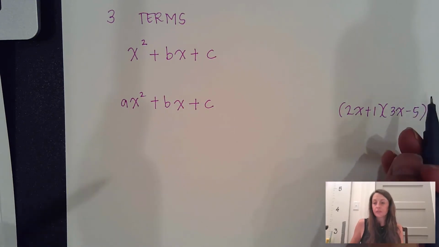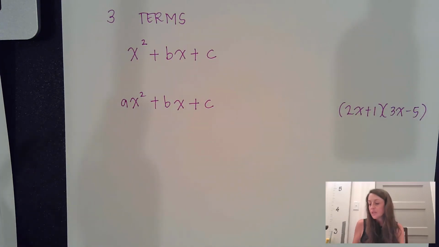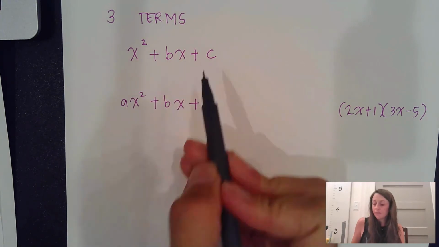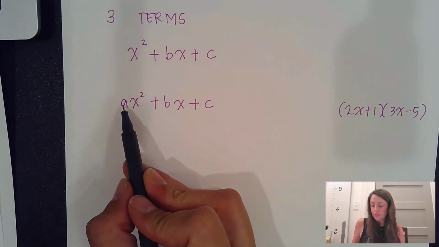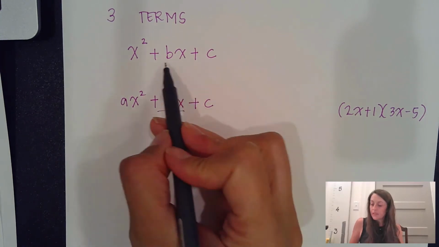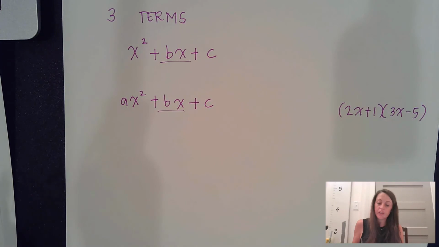So that's what you've got to figure out, what those two values are. So what we like to do is group. It just makes a lot more sense. So what we're going to do is try to figure out what multiplies together to give you a times c. And then you're going to replace that b term by those two values.